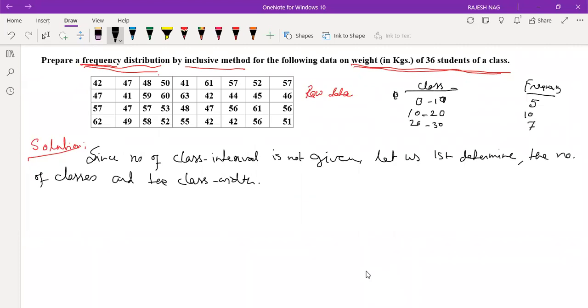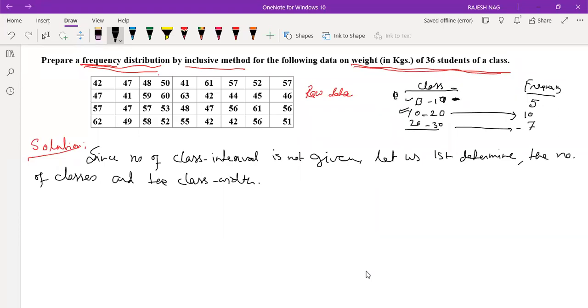If this is a class of marks obtained in statistics, then the students who obtained marks from 0 to 10, the number of students is 5. The students who obtained marks between 10 to 20, the number of students is 10. The students who obtained marks between 20 to 30, the number of students is 7.